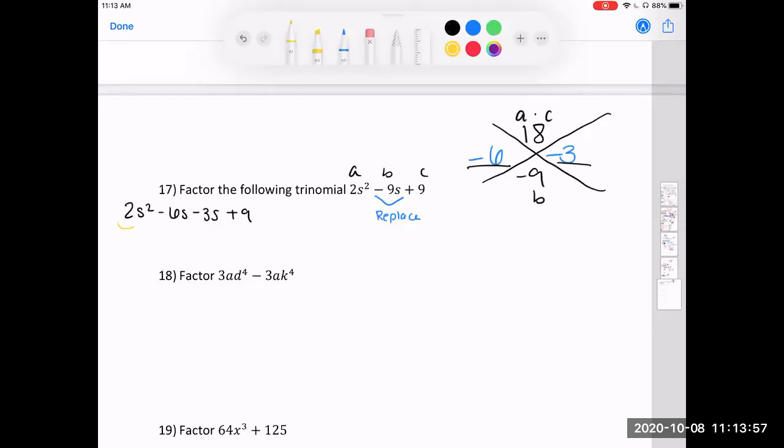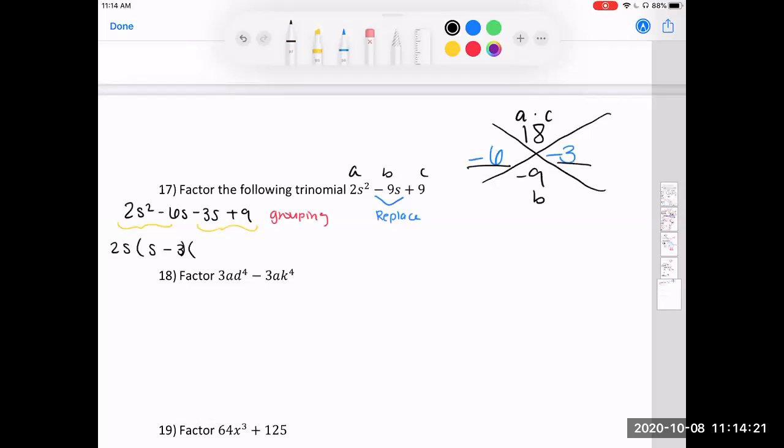Then I group my first two and my last two. For my first two, we proceed by factoring by grouping. We saw this before. So let's divide out 2s from those first ones. I have 2s, and that just gives me s minus 3.